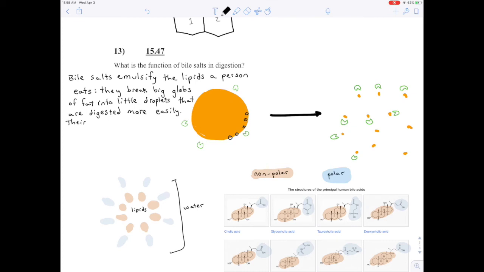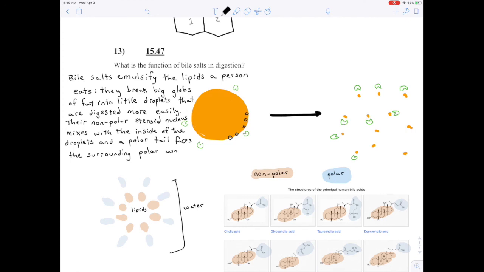Their nonpolar steroid nucleus mixes with the inside of the droplets and a polar tail faces the surrounding polar water. And the whole point of that is so that you can digest lipids more easily.